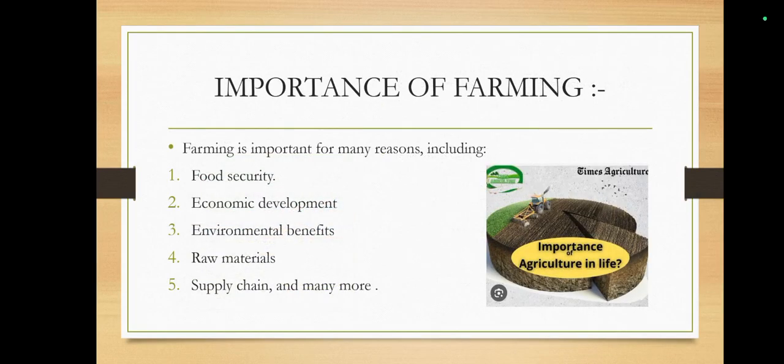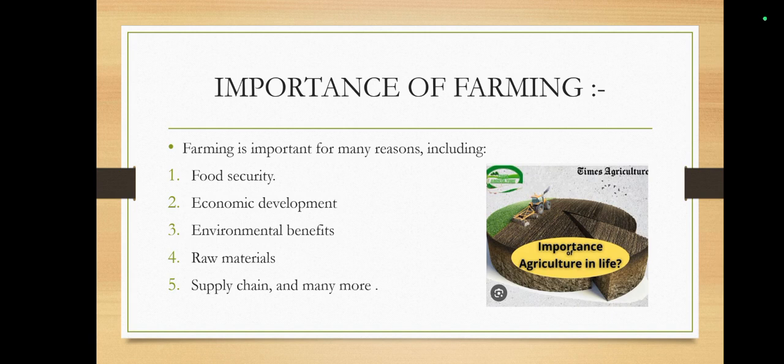Last, importance of farming. Now, why is farming important for all of us? Farming is important for many reasons, including food security, economic development, environmental benefits, raw materials, supply chain, and many more. Let us discuss them one by one. Food security. Farming provides food for the world's growing population.